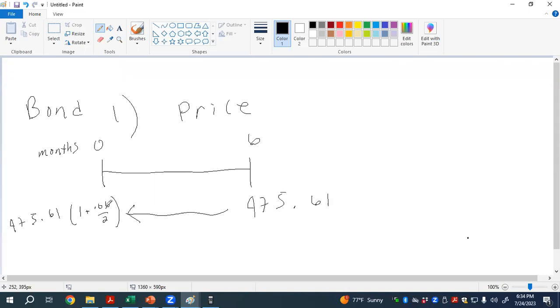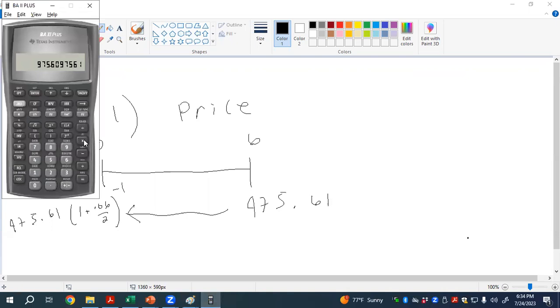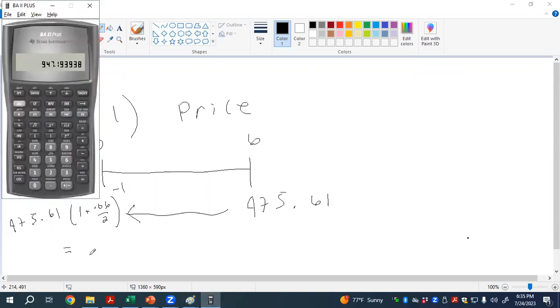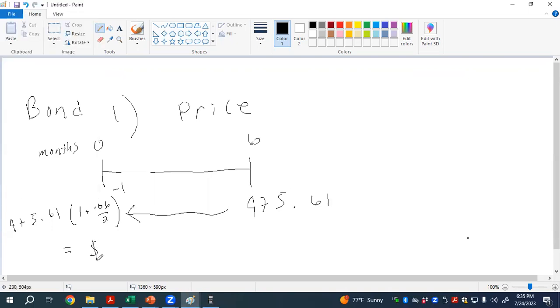I'm taking 6% divided by 2. So you take this times 1.03 to the minus 1. So bond 1 price is equal to 947.19. Okay.